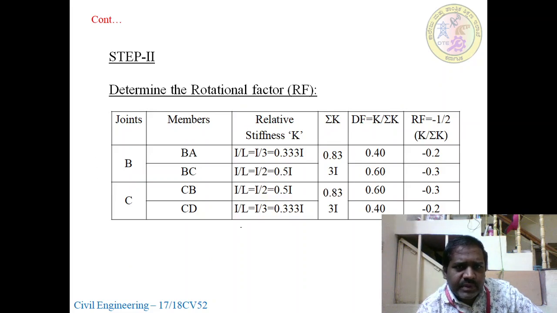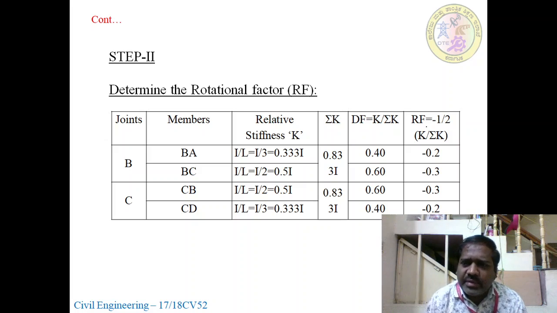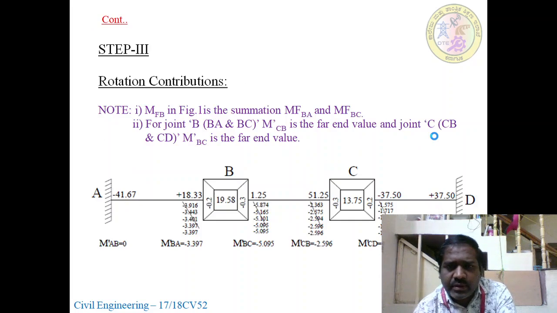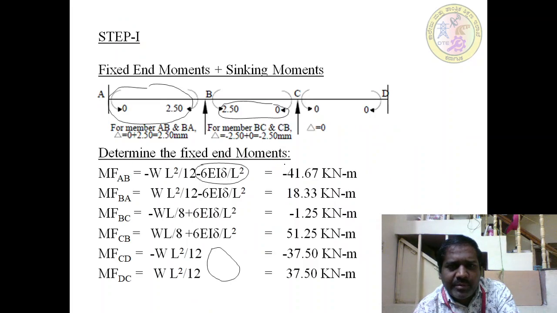So in the next step, we have to calculate the rotational factor for BA, BC, CB, CD. So the K values will be there and the summation of K is 0.8333. If you don't want to calculate this directly, you can calculate the rotational factor as minus half into K by summation of K. Why I am considering this problem only for the sinking: if the sinking is given, what should you do?